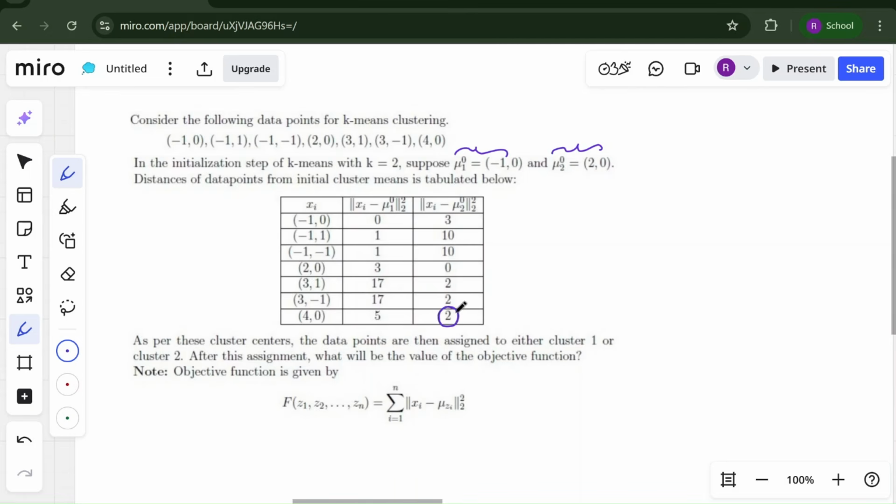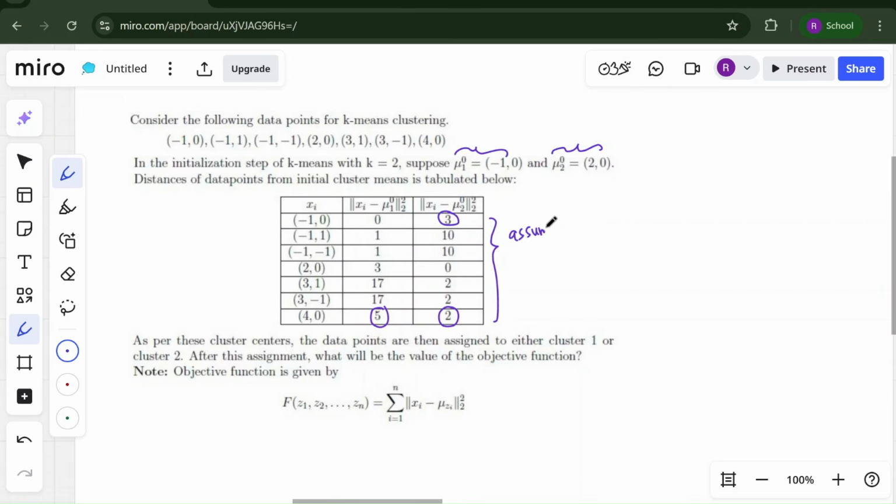For example, this is not 2, it should be 4, and this is also wrong, I think, it should be 9. Even if we look at the last one, it should be 25. So there are a lot of issues with this data, but let us assume for the time being that these are correct.